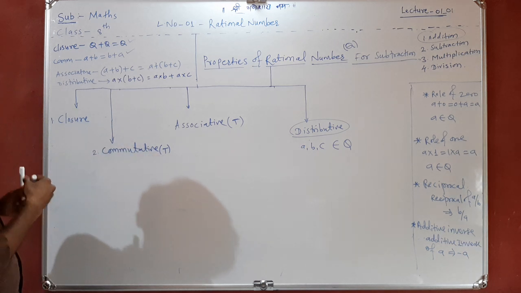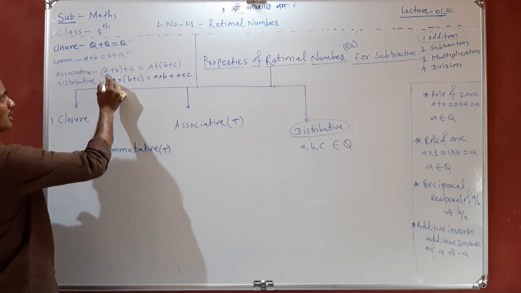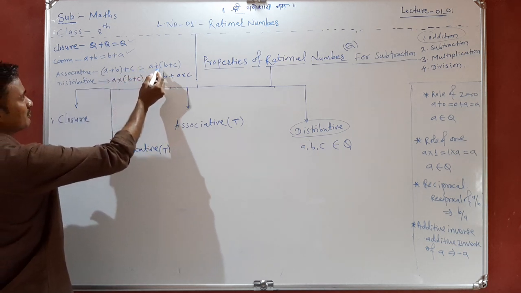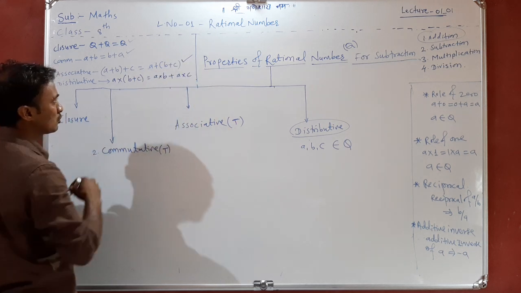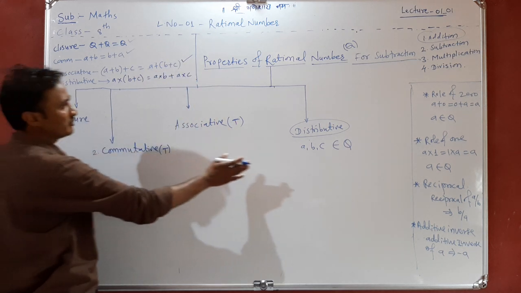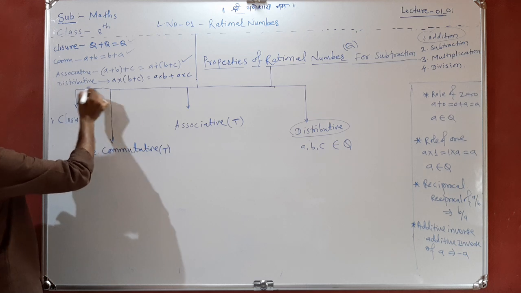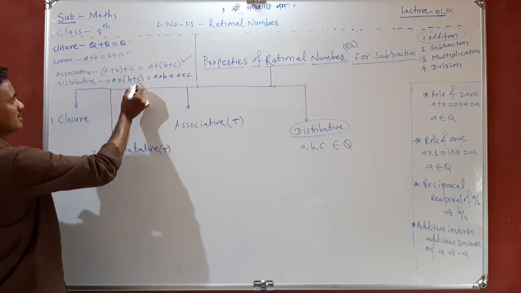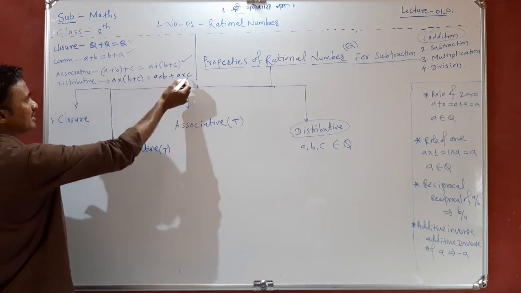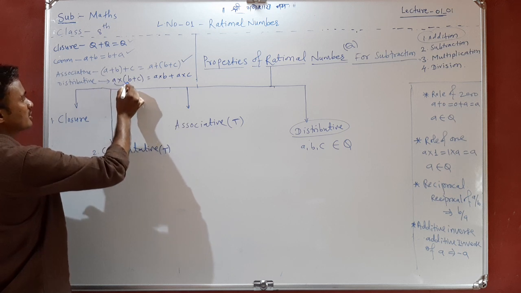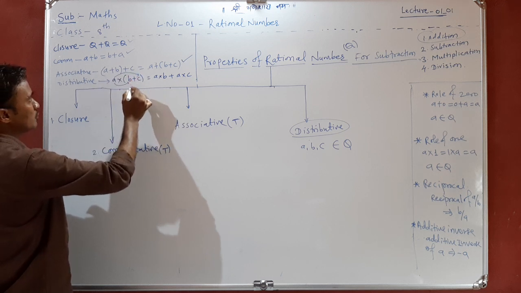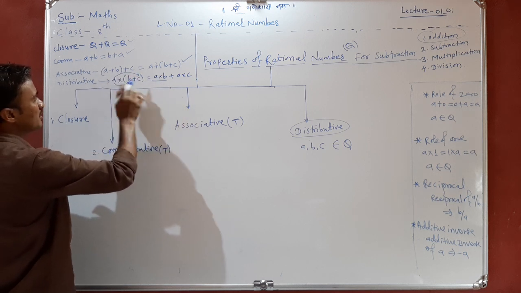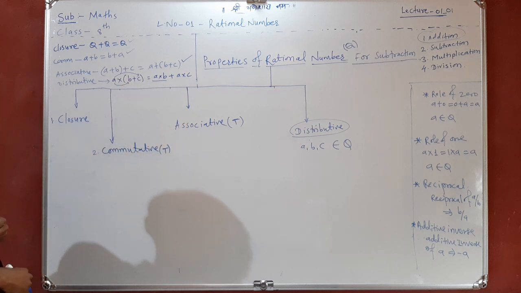Next we learned the associative property, a plus b plus c is equal to a plus b plus c. This is also true. Last, we learned the distributive property, a into b plus c is equal to ab plus ac. One time we distribute a to b, and one time to c, meaning a multiplied with the bracket.